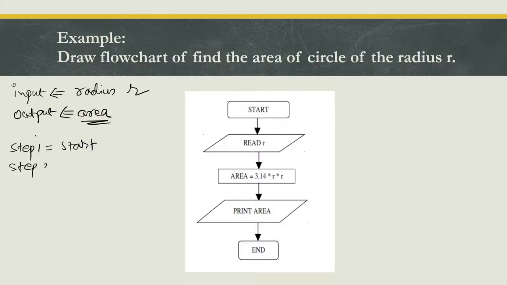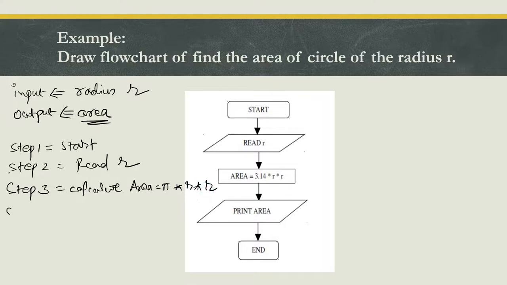Step 2, read r. Step 3, calculate area is equal to pi into r into r, right? Step 4, print area. Step 5, stop.